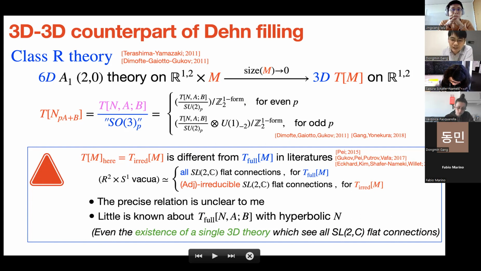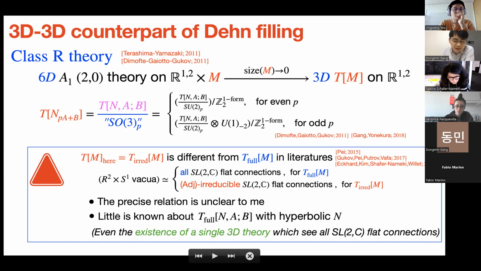One crucial difference is that in our theory, in my talk, this theory only sees the irreducible flat connections as vacua, and the T pure theory sees all the SL2 flat connections as vacua. So our TM theory considered here is somehow a subsector of this T pure theory, a certain subsector of the vacua.